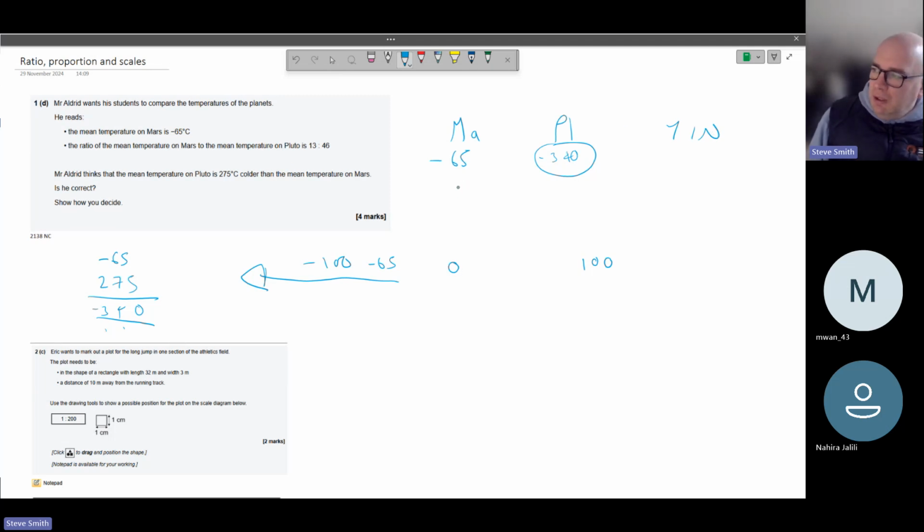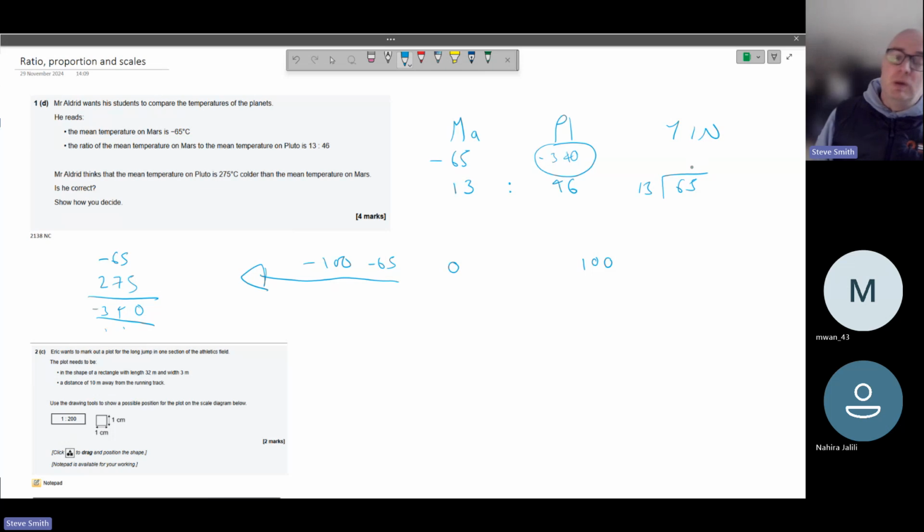So we've got a ratio here of 13 and 46. If 65 represents 13 parts, we need to know what 46 represents. So if we look at this relationship between these two numbers, it's non-calculator, by the way. So we're thinking, ooh, this is a tricky question because I can't use my calculator. So we're going to go 65 divided by 13.